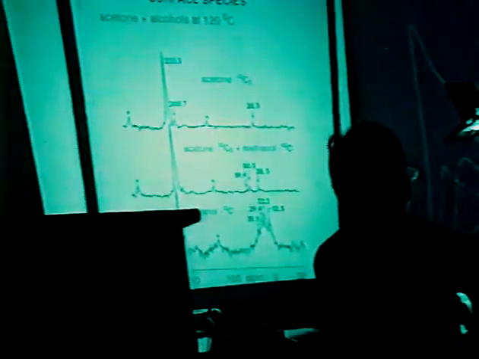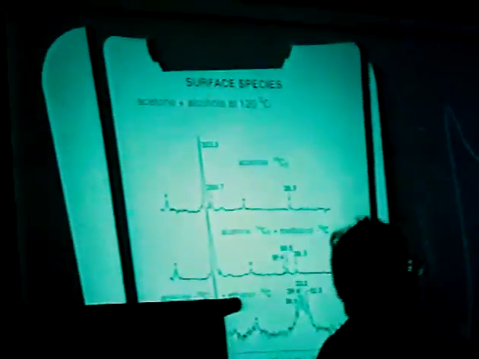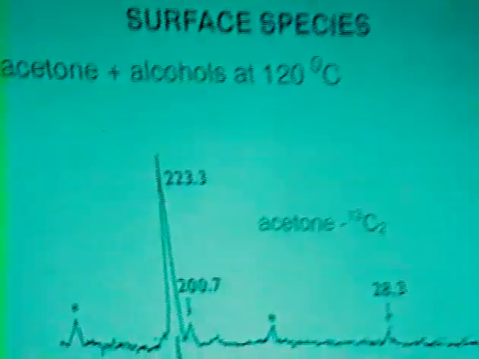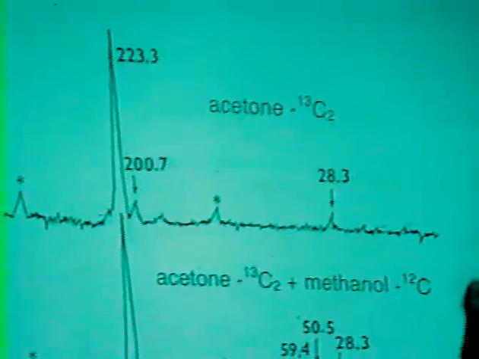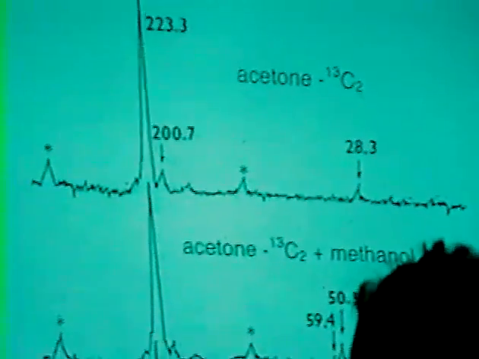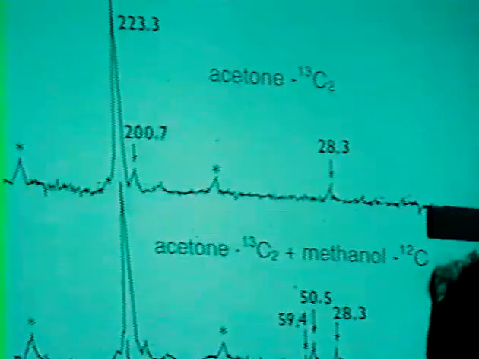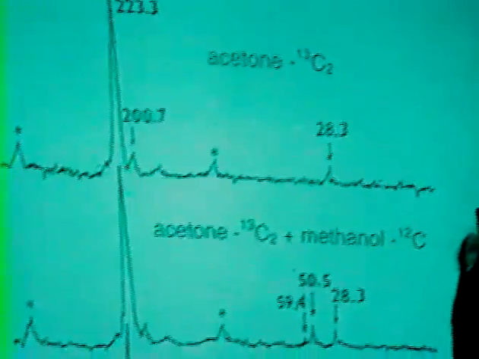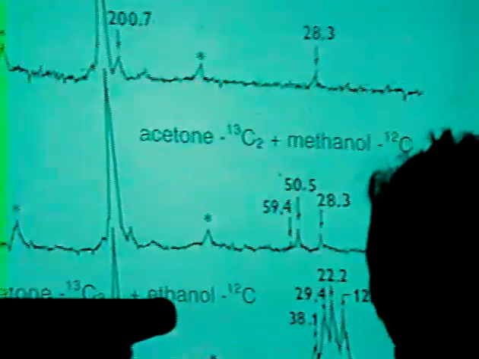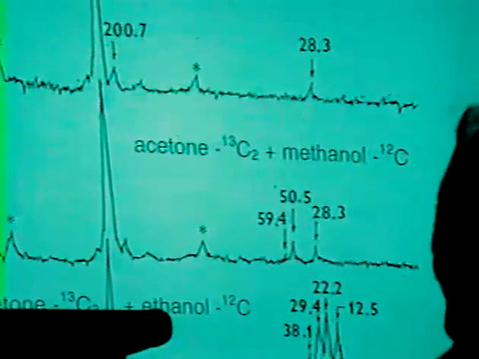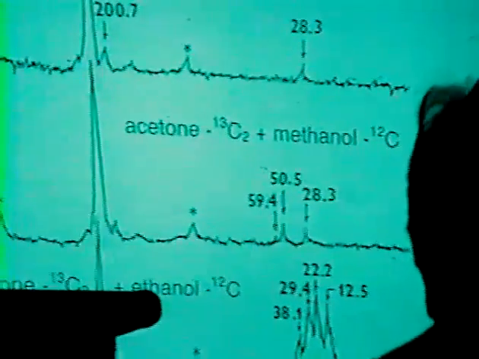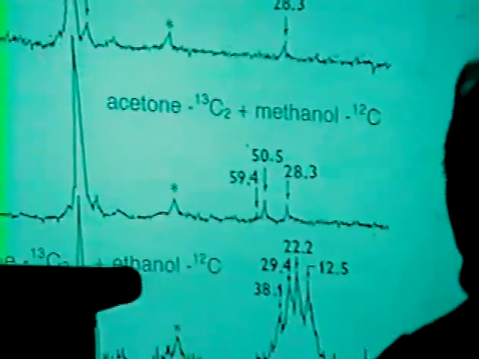But on the NMR spectra we see that the protonated acetone group on zeolite was labeled only in the ketone group. By admitting unlabeled methanol, the position of the protonated acetone group didn't change.